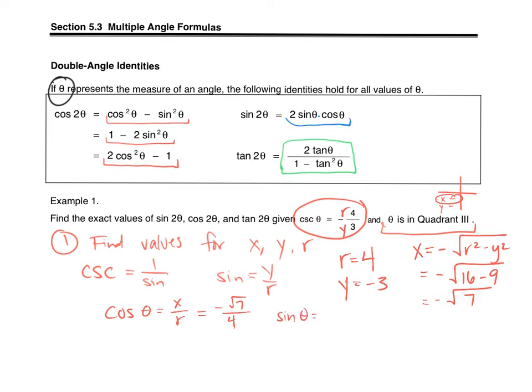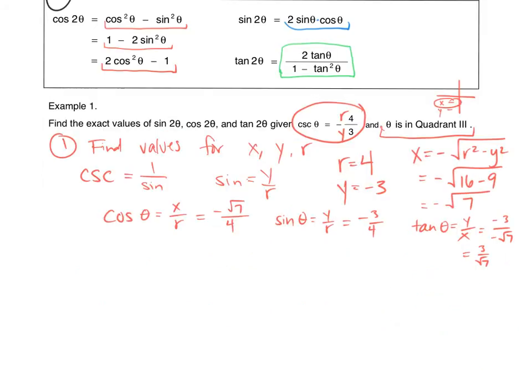Sine of theta equals y over r, so that is -3/4, and our tangent of theta equals y over x, so that one is -3 over -√7, which simplifies to just 3 over √7. We'll leave it there for now because we're going to be plugging that into things, so we won't rationalize now. We'll rationalize at the end of using our identities.